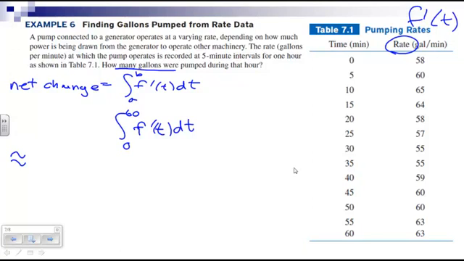Now, how many different Riemann sums do we know about? I know of 5: right hand, left hand, midpoint, trapezoidal, and Simpson's. Which one do you want to use? The one that has the best combination of easy and accurate is trapezoidal.